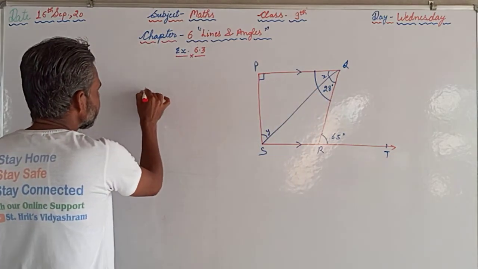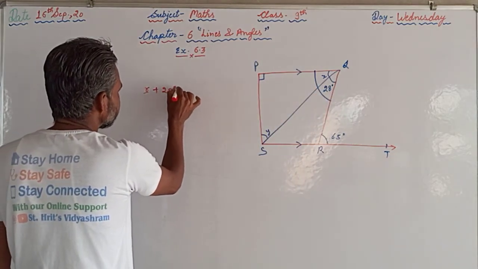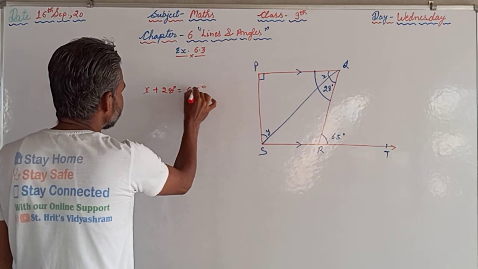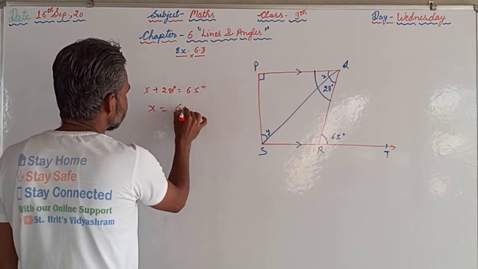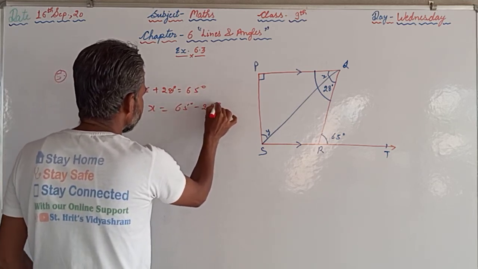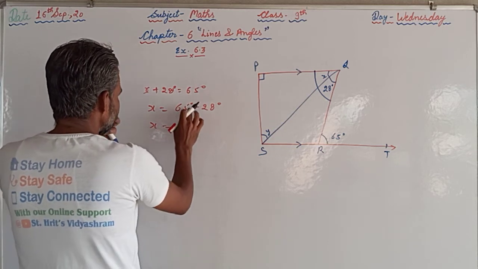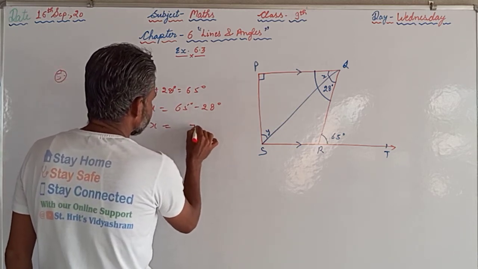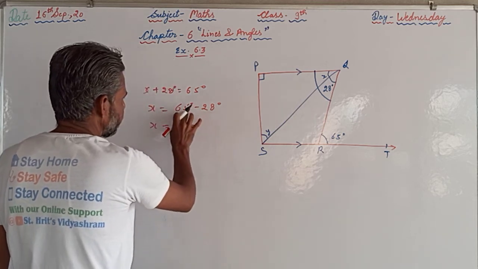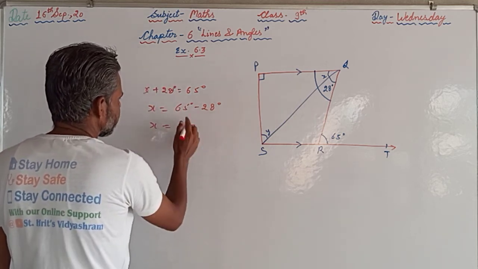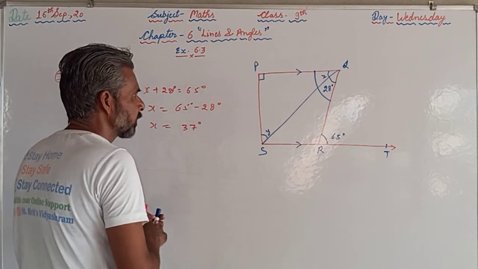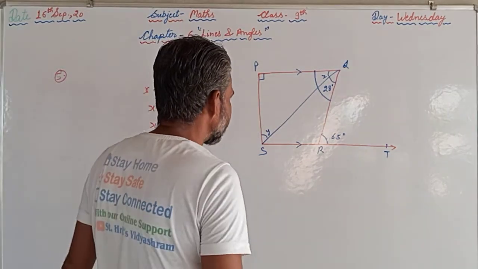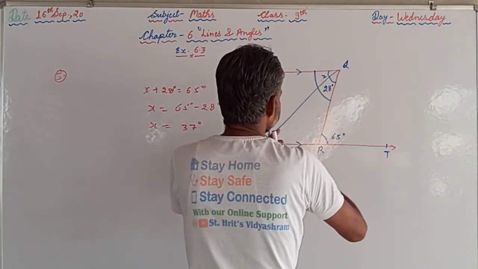From here we can say that x plus 28 degree is equals to 65 degree, and x you will get 65 degree minus 28 degrees, and x will be equals to 37 degrees. That will be 37 degrees.